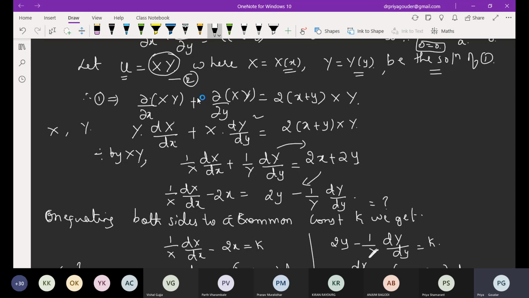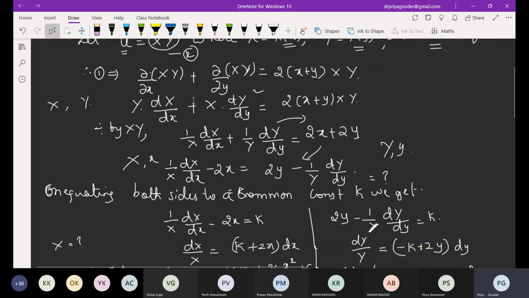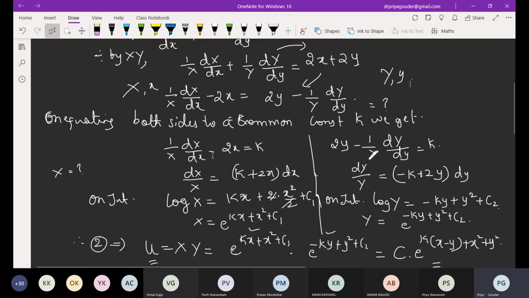Same way it follows over here. Now we separate the variables. First, to separate, divide the whole equation by X into Y. Easy step. If you do it and separate it, you are going to get terms in small x, terms in small y. When this separation is done, you equate them to a common constant k.